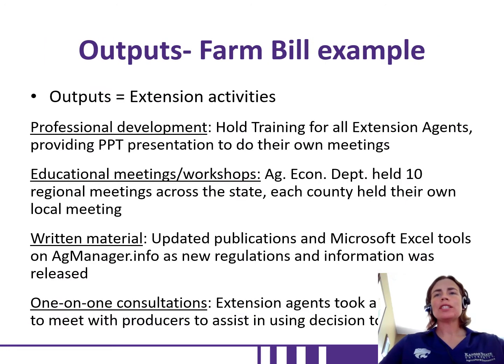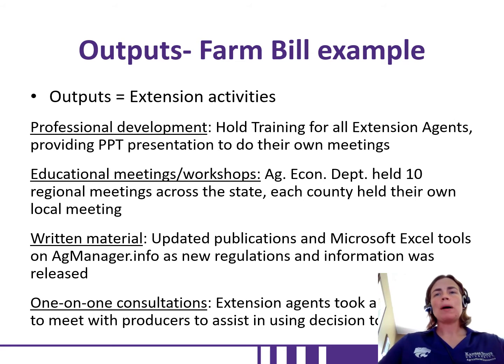Now, just to give you an example here of some work that I've done in the past and what outputs I have put together to achieve the outcome. I work a lot in farm policy. So the Farm Bill is something that typically comes out every 4 years as a new Farm Bill, and producers have a choice typically between 2 or 3 programs that they can sign up for to support if prices or income revenue is low.